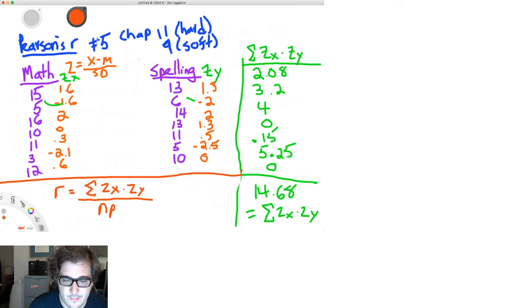P is for pairs, number of pairs. We have 7 pairs. So we have 14.68 divided by 7, which is your number of pairs. And that gives you an R of around 2.